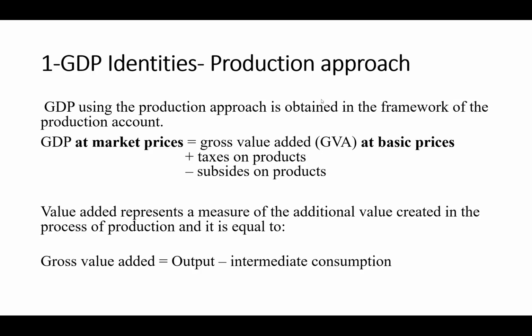GDP using the production approach is obtained in the framework of the production account. GDP at market prices is calculated as gross value added at basic prices plus taxes on products minus subsidies on products. Value added represents a measure of the additional value created in the process of production, and gross value added is equal to output minus intermediate consumption.